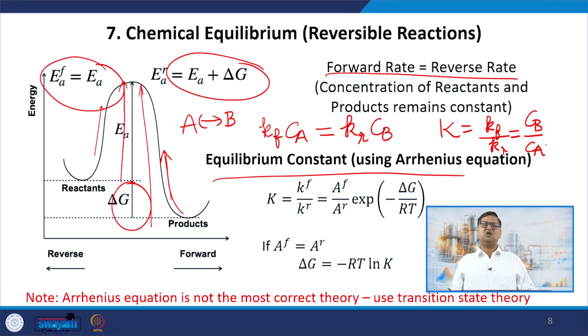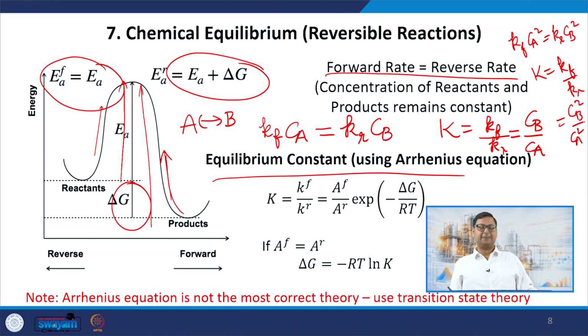If it was a second order reaction, then a similar thing holds true. There we will have kF CA squared is equal to kR CB squared. K, the equilibrium constant, is still given as kF by kR, but now we have something like CB squared by CA squared, right?